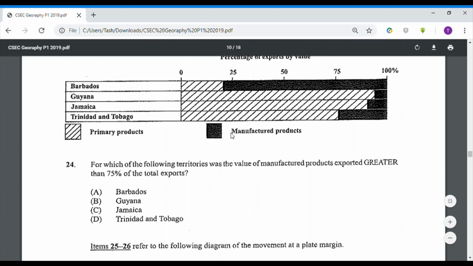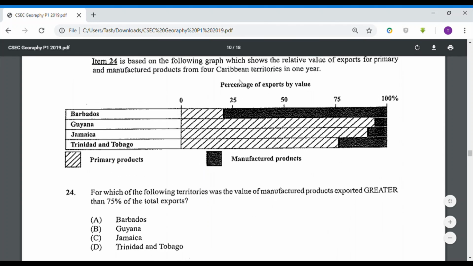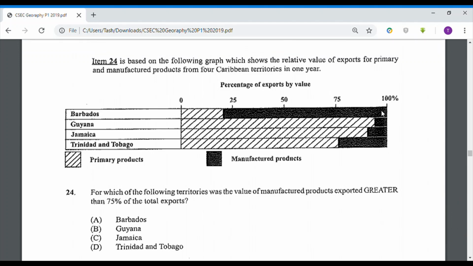So manufactured goods is in black. And this is showing us percentage of exports by value. Manufactured goods in black, so we are looking for black that is more than 75%. So even though these, which are primary products, are stretching past 75% here, we also need to pay attention to the fact that the manufactured products start from this end.